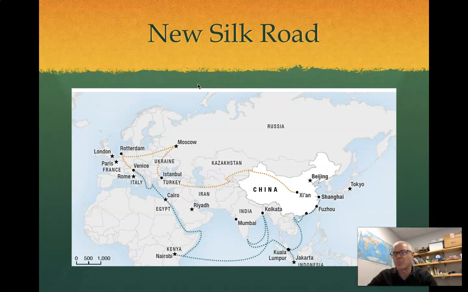That would be another example to some degree of supranationalism, where some of the countries along these routes have to make concessions and compromises to facilitate this greater movement of goods and people between the different countries.